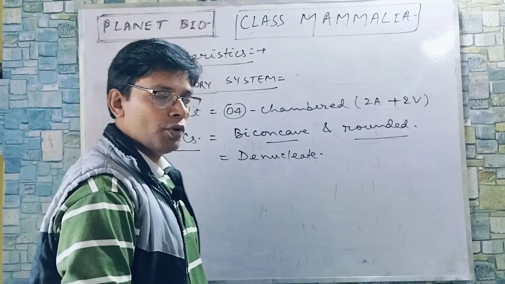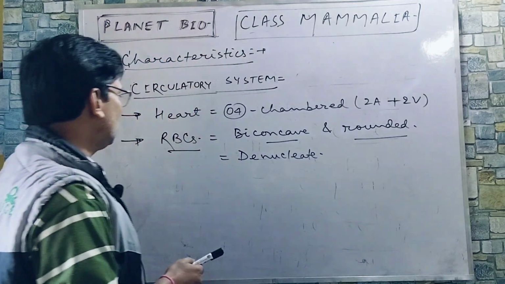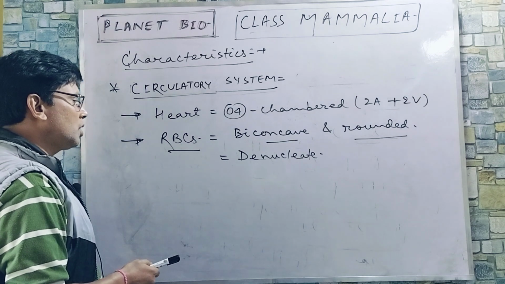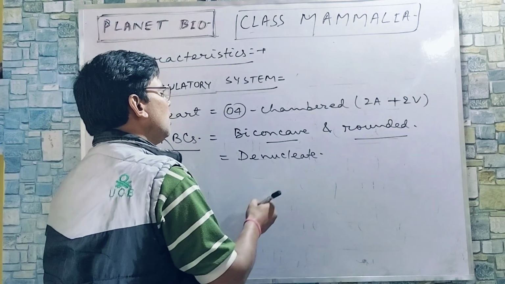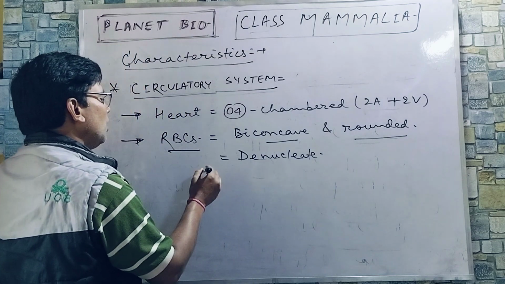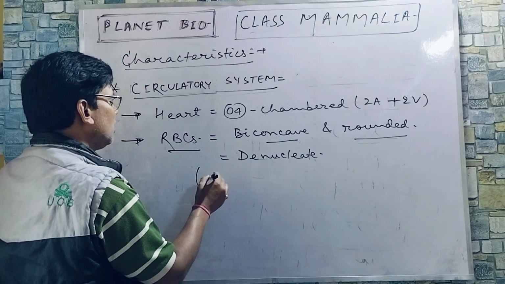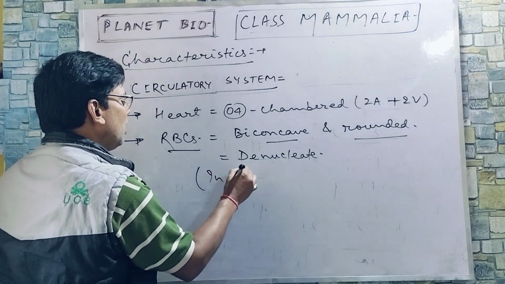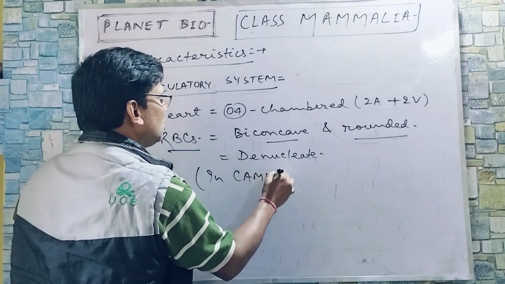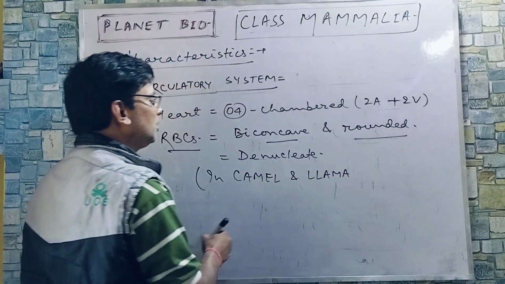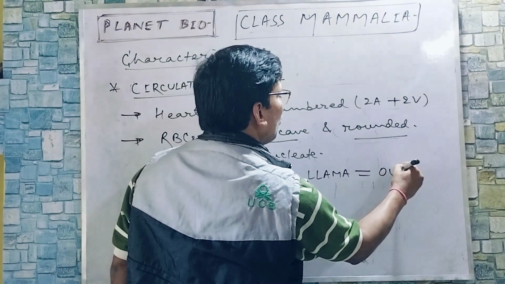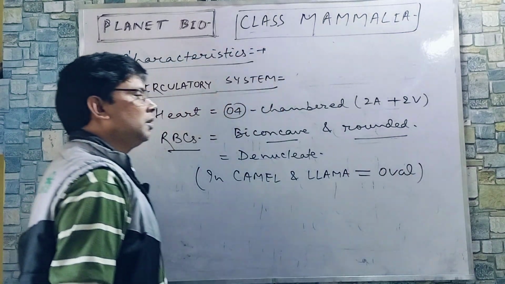In the course of evolution, they lost some membrane-bound cell organelles like mitochondria, nuclei, etc. So denucleate. But the shape will be different in camel and llama. Llama is the American counterpart of the camel. There you can find oval RBCs. So this is the difference.